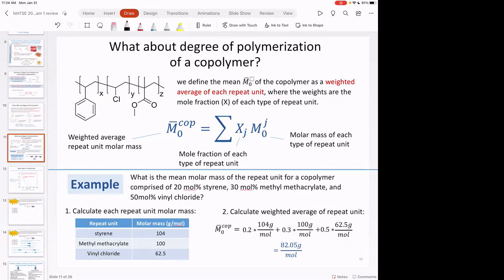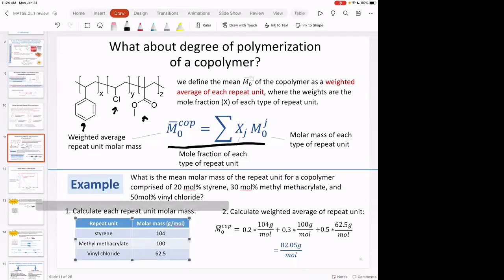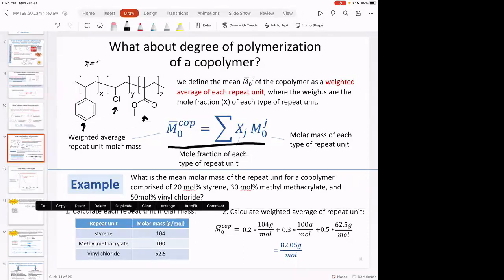And so that's the molar average of all of these M zeros. So this has an M zero, vinyl chloride has an M zero, methyl methacrylate has an M zero. And so this equation is the summation of the mole fraction. So let's say X equals 0.5, Y equals 0.1.